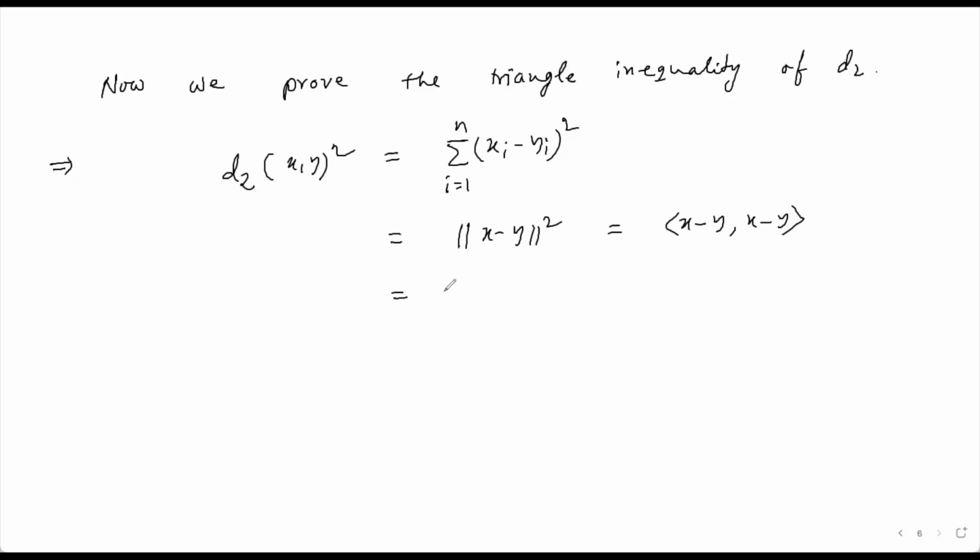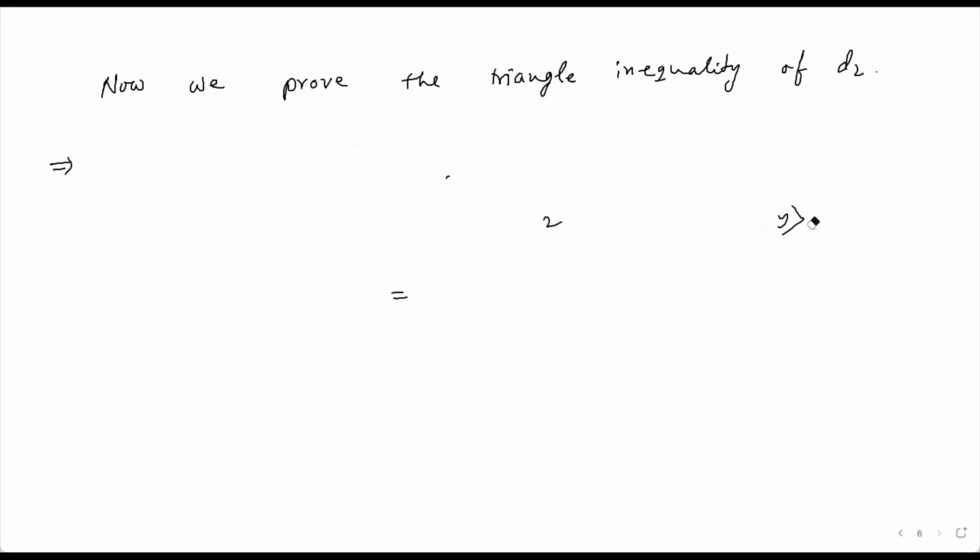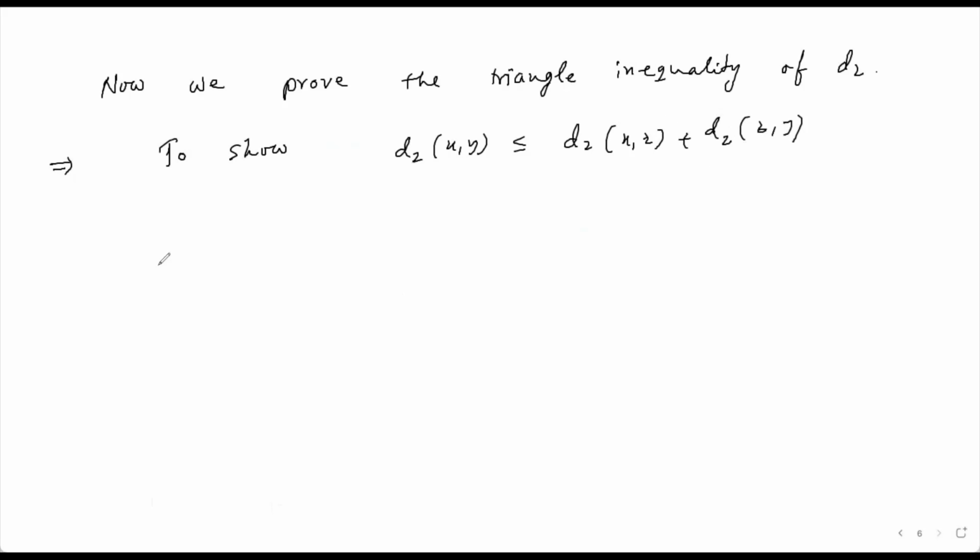So let me write what we need to show: to show d2 of x comma y is less than or equal to d2 of x comma z plus d2 of z comma y. This is what we need to show.